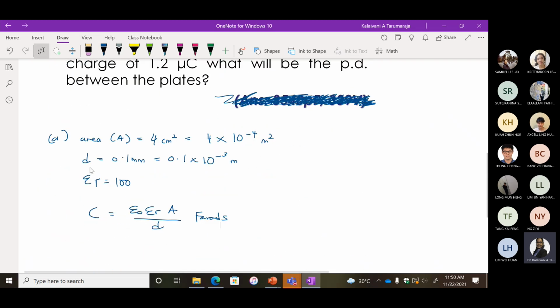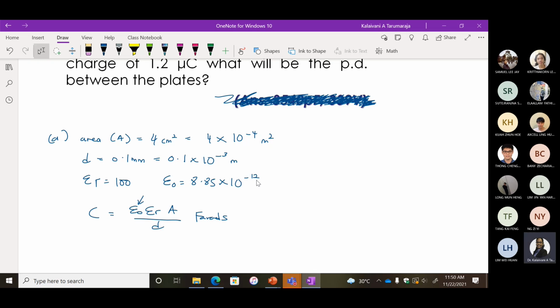We are missing one piece of information: the value of the absolute permittivity. As Miss let you know, we take 8.85, two decimal places, times 10 to the minus 12.